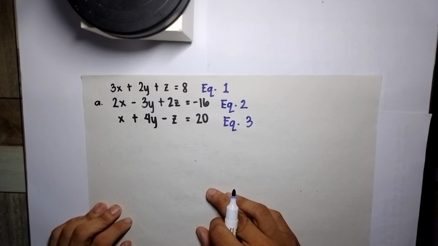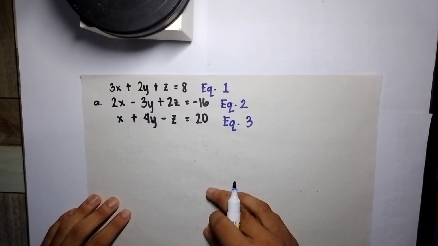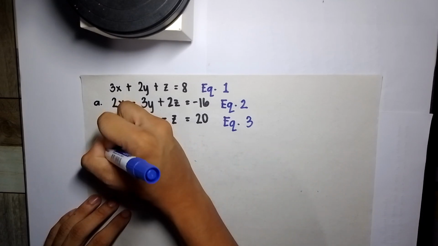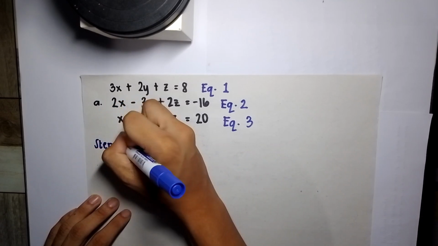Now, we are going to eliminate a variable in our equations. The equations that I'm going to choose are equation 1 and equation 3. The variable that I want to eliminate is letter z. So step 1, we're going to eliminate letter z.